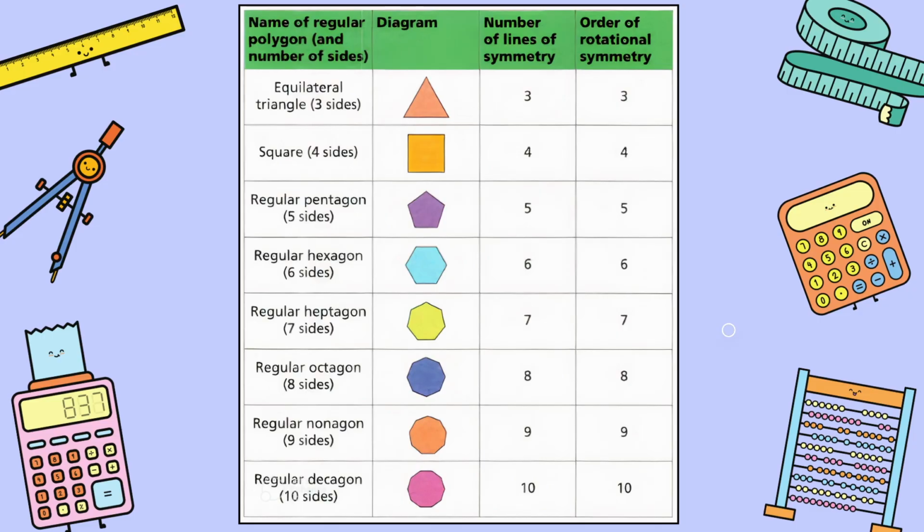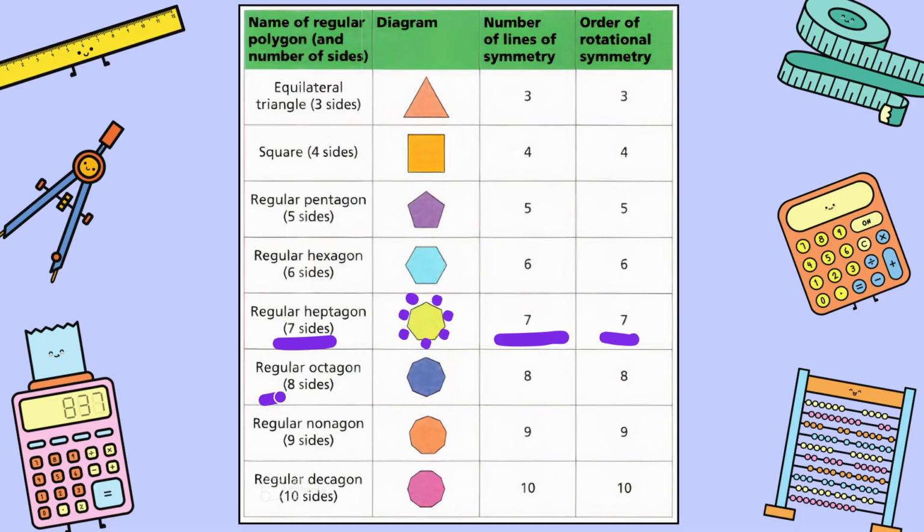Next shape, a shape that has got 7 sides is called a heptagon. 1, 2, 3, 4, 5, 6, 7 sides. Number of lines of symmetry: 7. Order of rotation: 7 also.